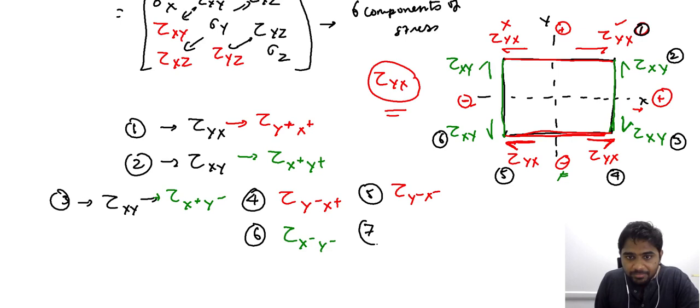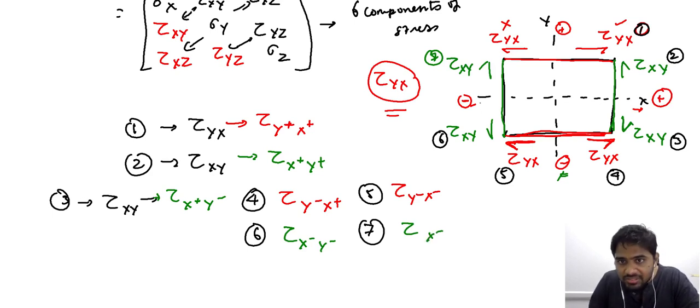And finally we have the 7th stress that is acting on the same plane. The 7th stress is this one, and it is acting on the same plane that cuts the x-axis in the negative side. So therefore we have tau x minus.